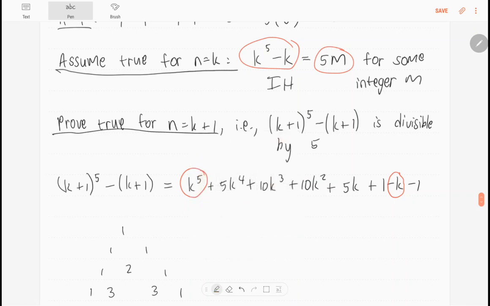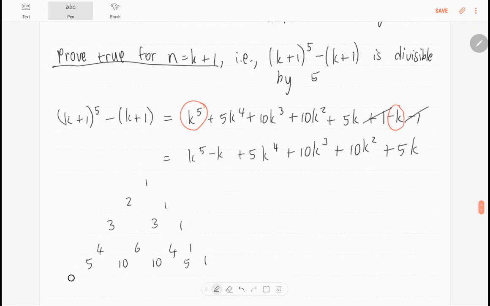So what I'm going to do is, firstly, cancel that plus 1 and minus 1. And then I have k to the 5 minus k plus 5k to the 4 plus 10k to the 3 plus 10k squared plus 5k.